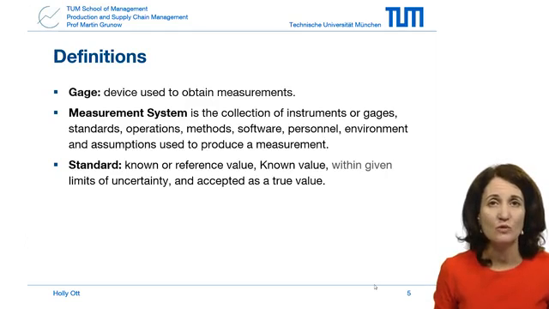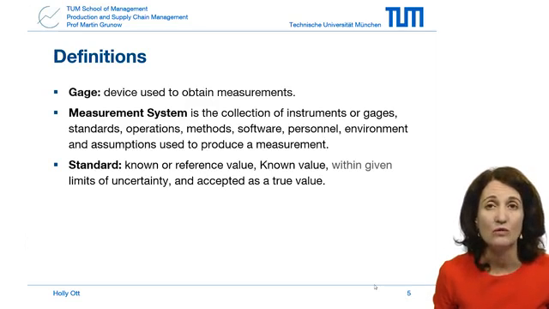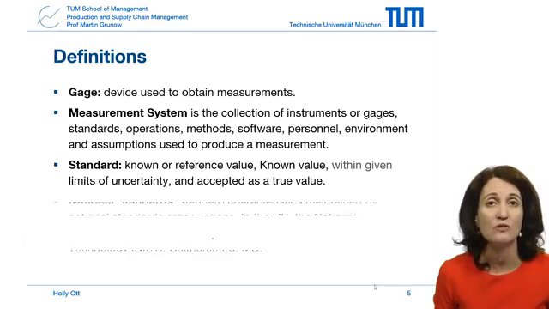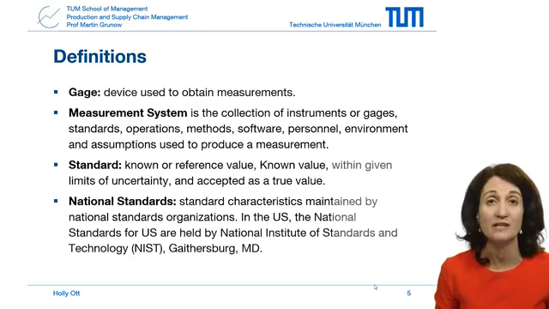Standard is a known or reference value, known within given limits of uncertainty and accepted as a true value. The standard should be an operational definition, a definition which will yield the same results when applied either by the supplier or the customer without changing over time. The standards for characteristics such as length, weight, hardness, or color are maintained by standard organizations of individual nations, and these are called national standards.